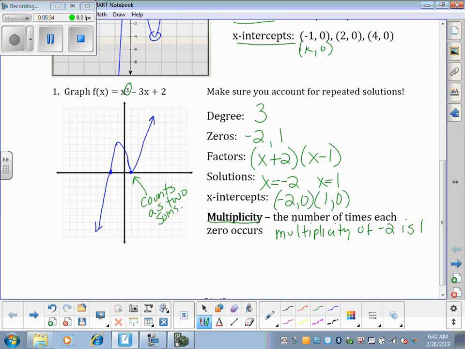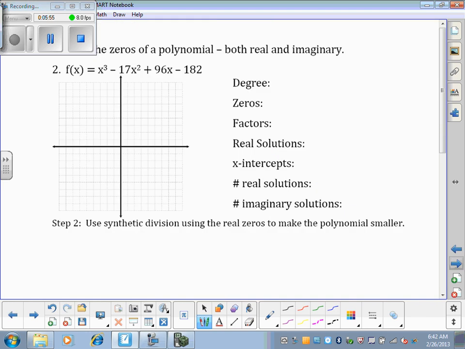The multiplicity of 1, the (1, 0), is 2. Do you see that? Because it counts as 2 solutions. Okay, let's move on.